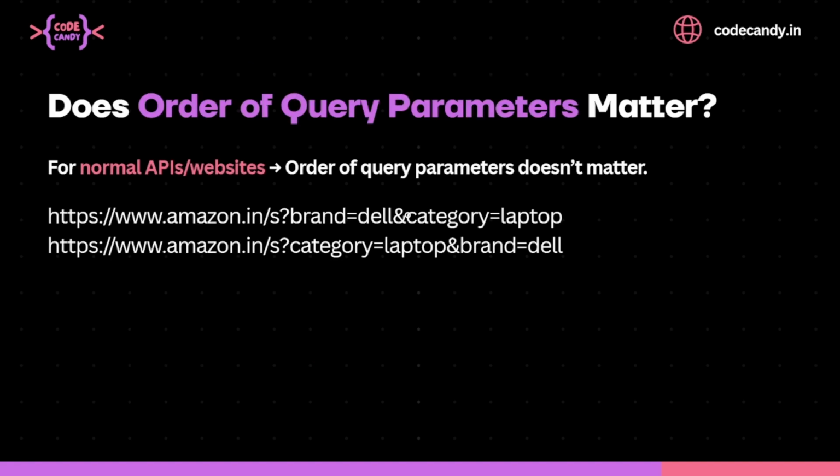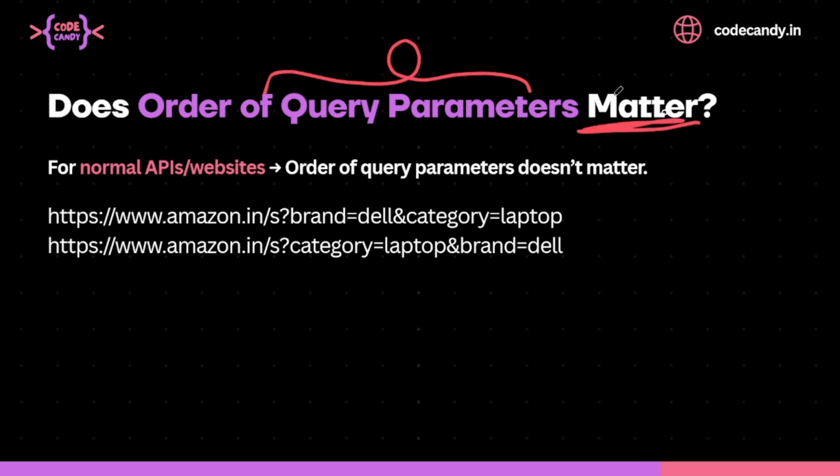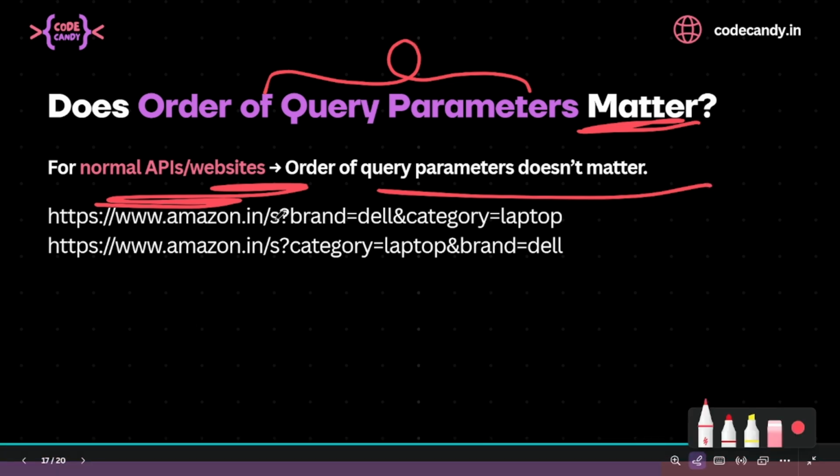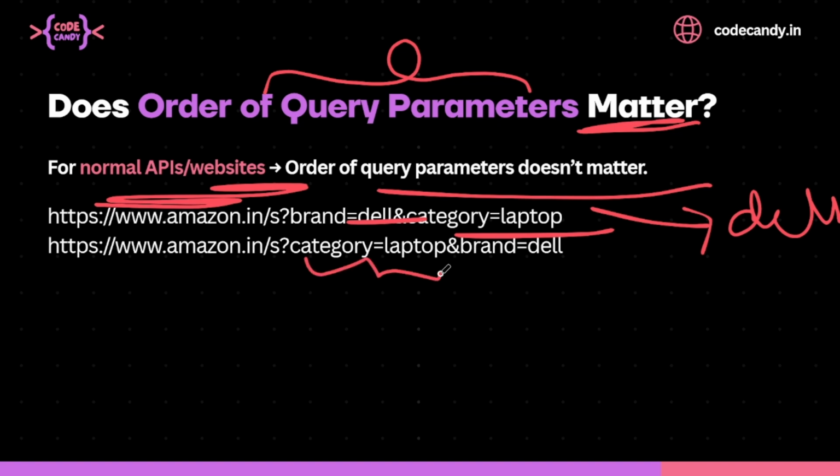See, the most common doubt students face is: does the order of the query parameters matter? Yes, for normal APIs and websites, this order doesn't matter. Suppose I say brand is Dell, category is laptop. It will give Dell laptops only. Even if I say category laptop, brand Dell, it will give the same Dell laptops only.